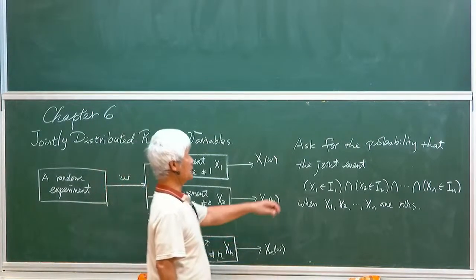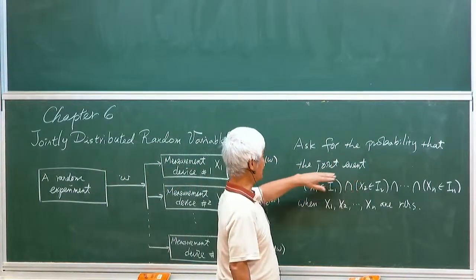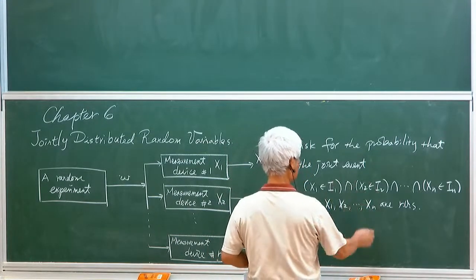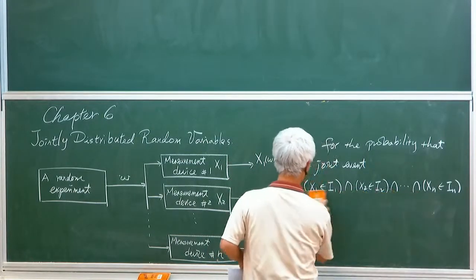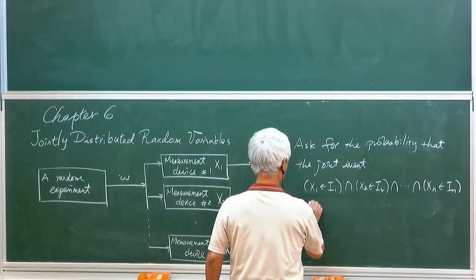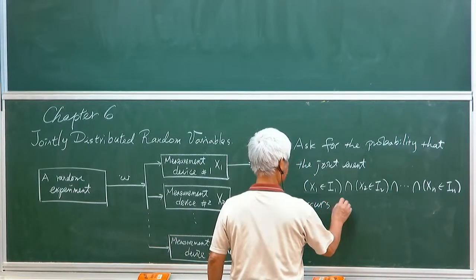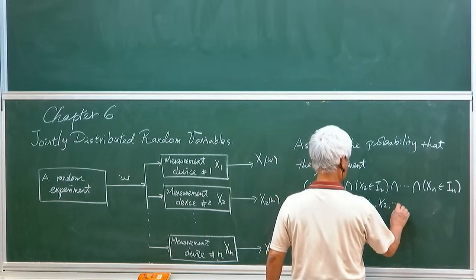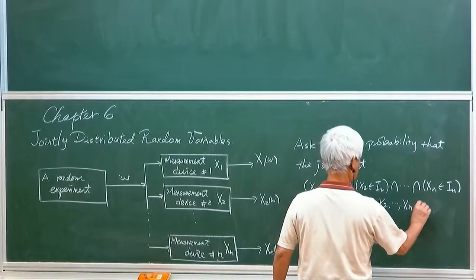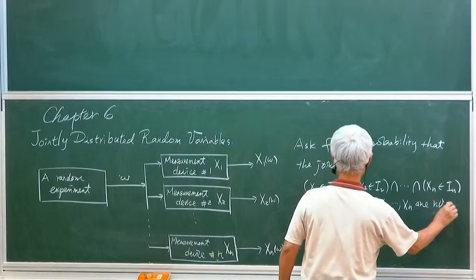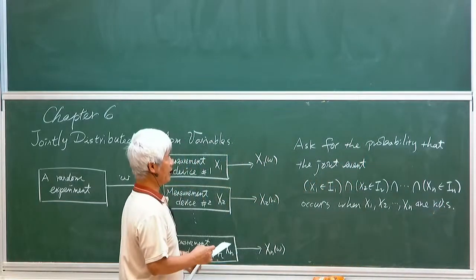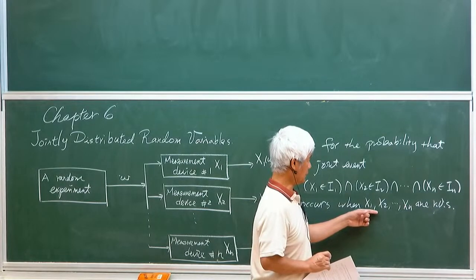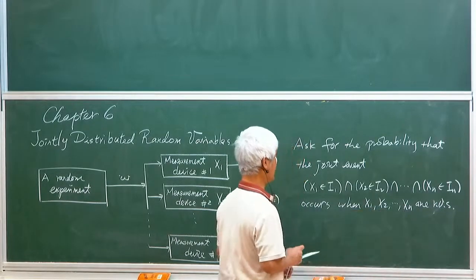Okay, so we ask for the probability that this joint event occurs when x1, x2 up to xn are random variables.